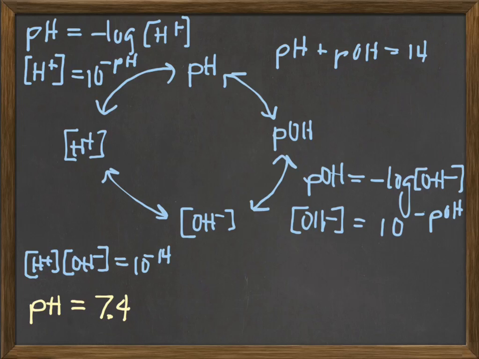Okay, so if we're given the pH, and we're asked to find this one across the way, it's going to require 2 steps. But we can choose which direction. We can choose if we want to go this way, or if we want to go this way. Personally, I do not like this one down here.